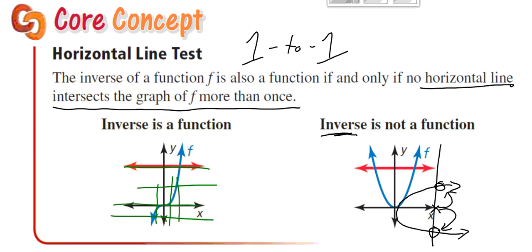Because as I would reflect this graph over the y equals x line, we would have a graph that would pass my vertical line test as well, and so it'd be a function. But again, we see our parabola does not pass our horizontal line test because it intersects twice, so its inverse is not a function. So that's why we have to restrict that domain and range.